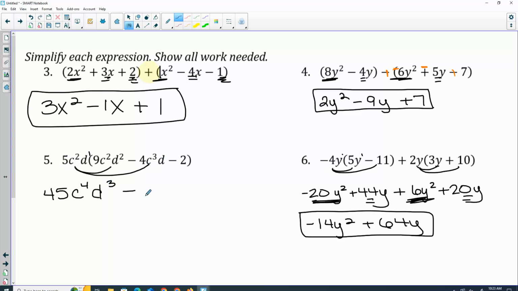So 5 times 4 is 20. We had 2 C's, 3 more, gives us 5. 1D and 1D is D squared. Minus 2 times 5 is 10. We still have the C squared and the D. Are you guys confident you can add, subtract, and multiply there?